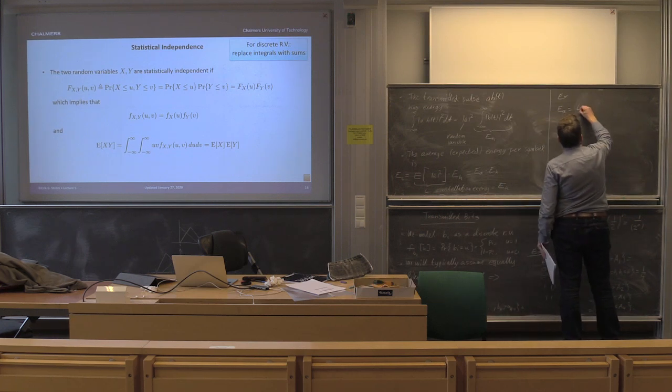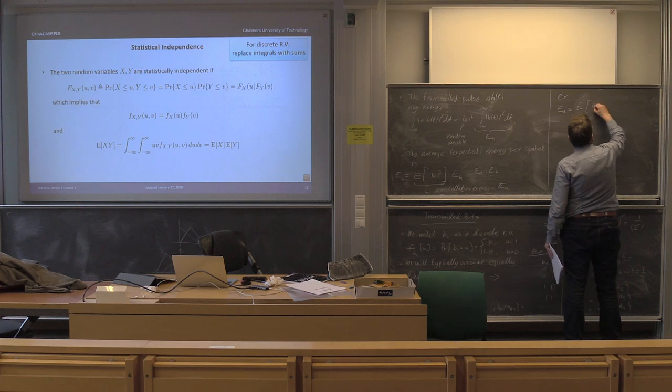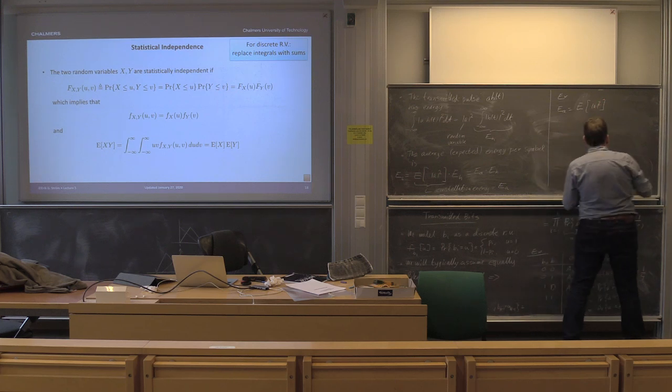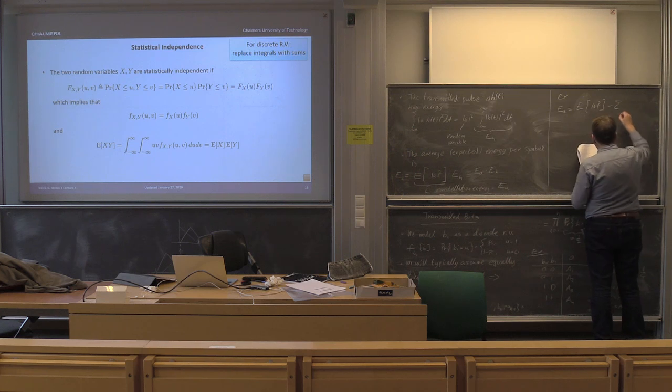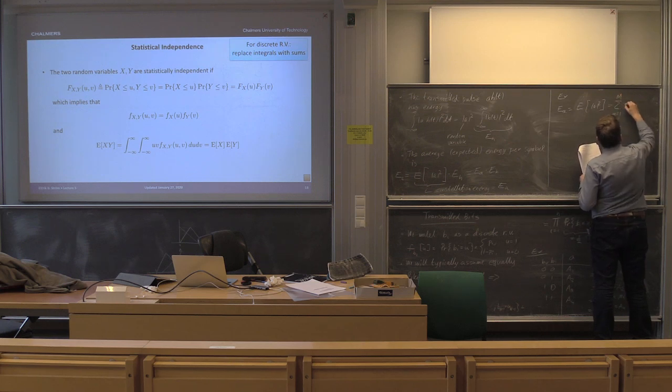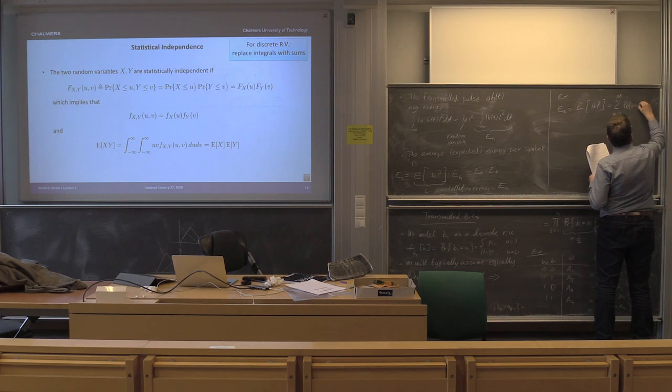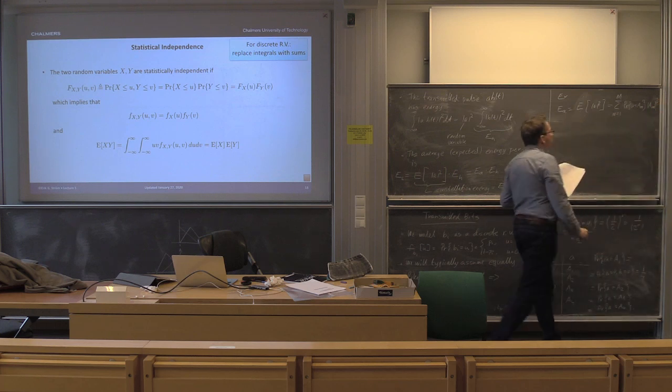E_A is the expected value of the amplitude squared. And so this is a sum from small m equals 1 to big M of the probability that small a is equal to A_m multiplied with A_m squared, like this.